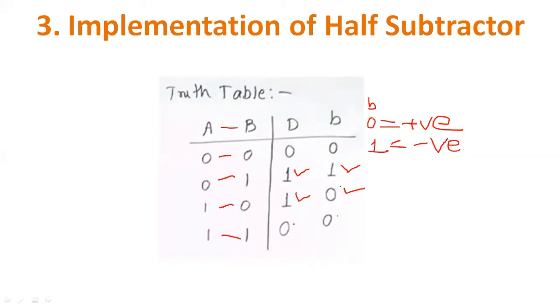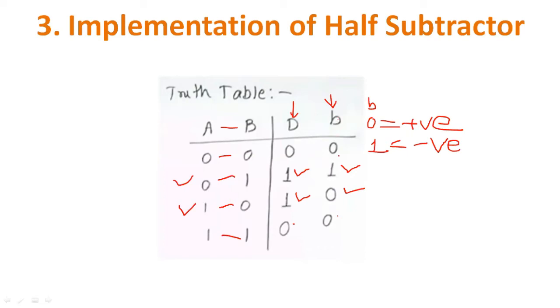Now it is time to have the K map for difference and borrow. So we have to write the ones in the corresponding cell. For the difference K map, the first combination and second combination will have 1.